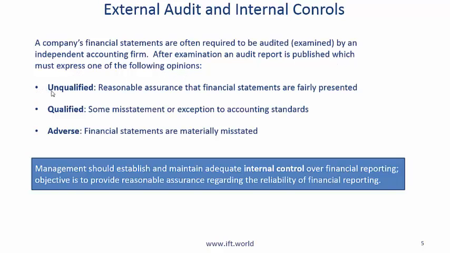The report will say that the financial reports are unqualified, which means that there is reasonable assurance that financial statements are fairly presented, and as a financial analyst, this is what you want to see. Then the next level is qualified, some misstatements or exception to accounting standards, and finally the worst thing that can be stated is an adverse opinion, which means that the financial statements are materially misstated.